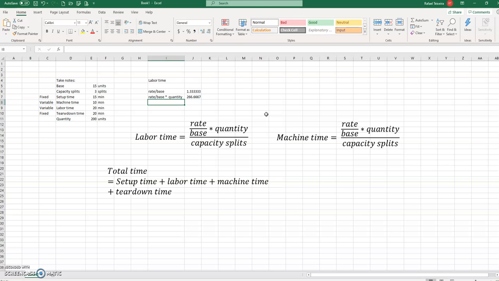And now I do all the formula here. So labor time is going to be this numerator divided by the capacity splits. Capacity splits are here. So it's 88.88 minutes. Okay, that's labor time. Now machine time.